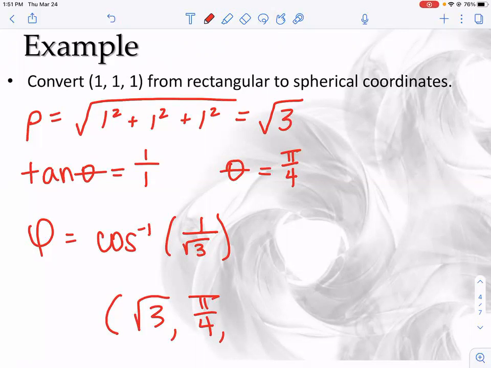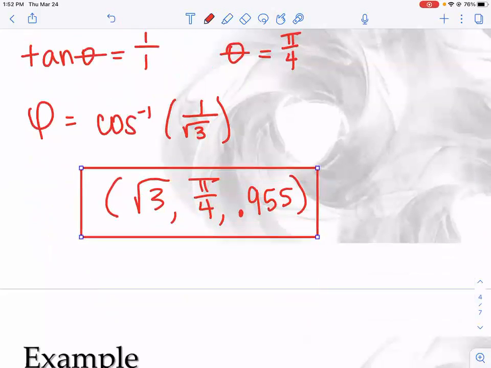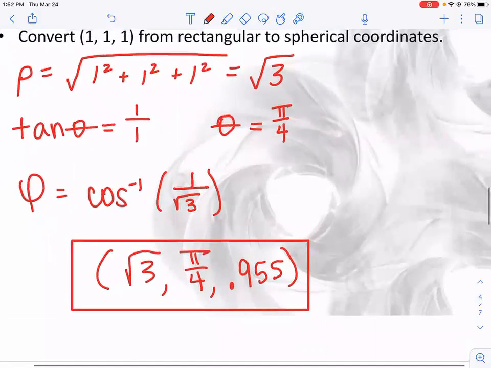With your calculator in radians, what is the inverse cosine of 1 over radical 3? So exciting.